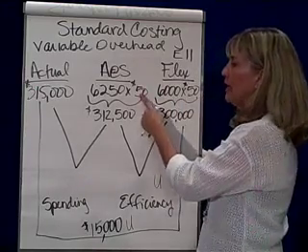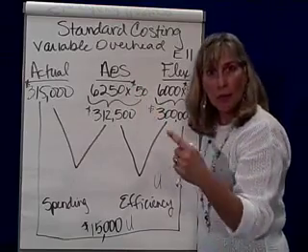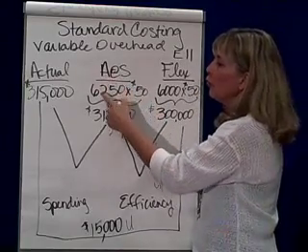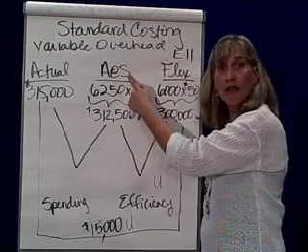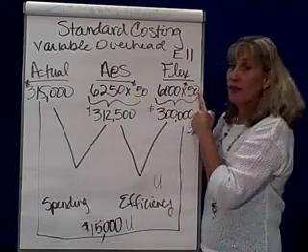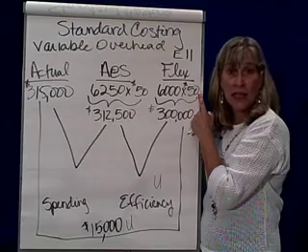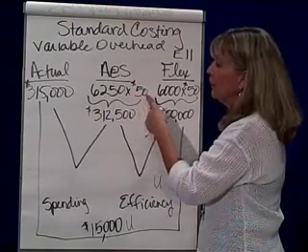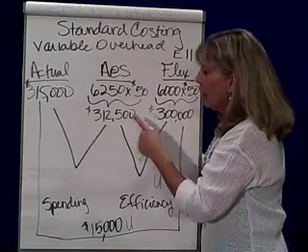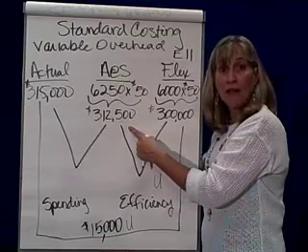Well, I didn't put this $50 in yet, so let me explain this. Actual quantity, we said, was 6,250. Standard cost. What's the standard cost that we determined at the beginning of the year? $50 an hour. So if I take 6,250 times $50, I get $312,500.